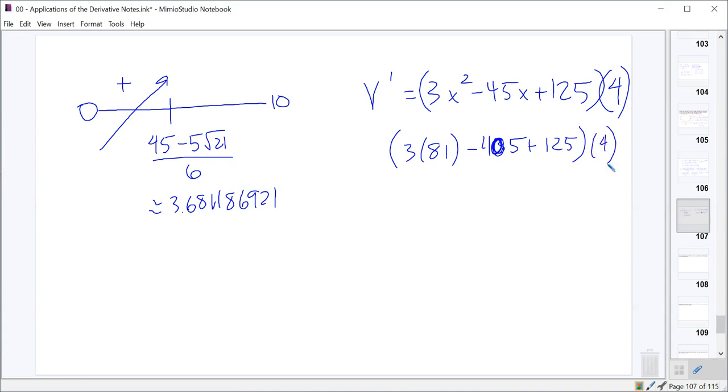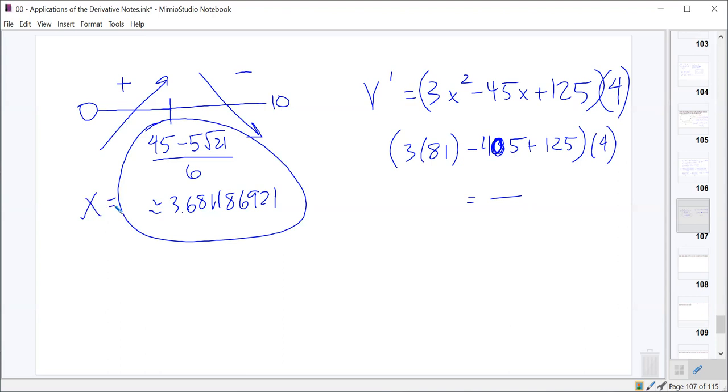And 3 times 81 is just 243. 243 plus 125 is less than 405. So this ends up being a negative number, which means we are now decreasing. So we can say that we do have a maximum volume if we cut off squares of this length. X needs to be this many, I believe our units were inches.